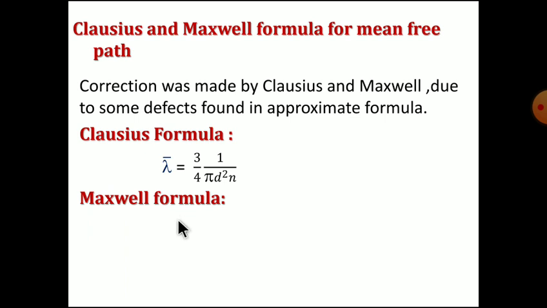Using that statistical theory, Maxwell derived the corrected formula as lambda bar is equal to 1 divided by the square root of 2 times 1 divided by pi d square n. This Maxwell formula is more correct as compared to the Clausius or approximate formula.